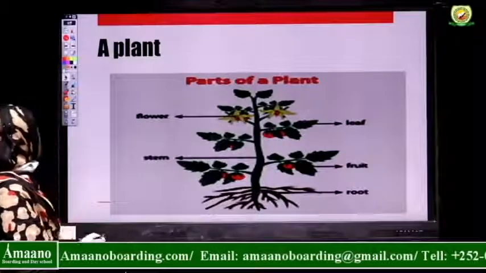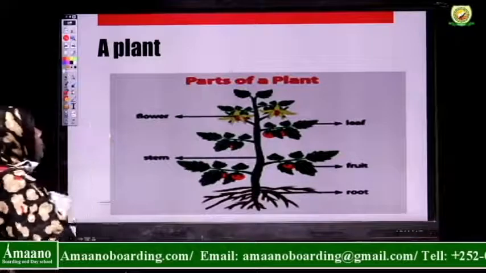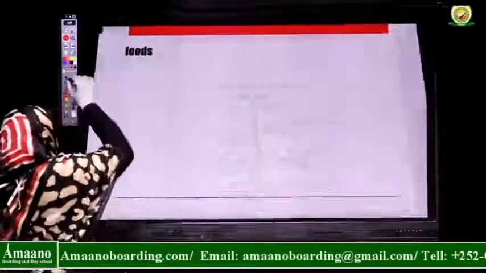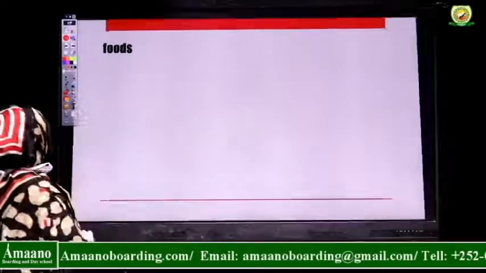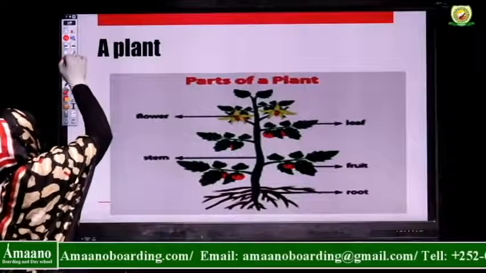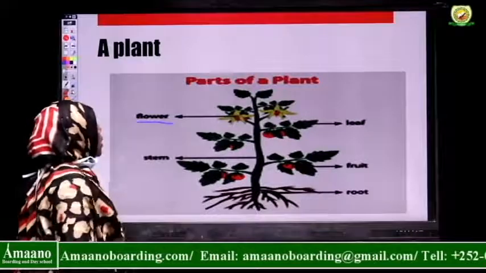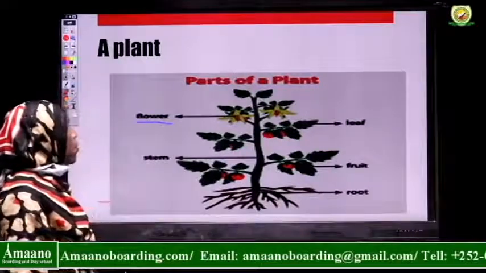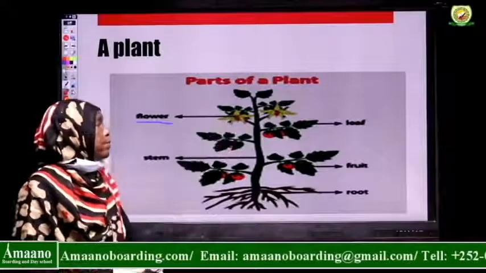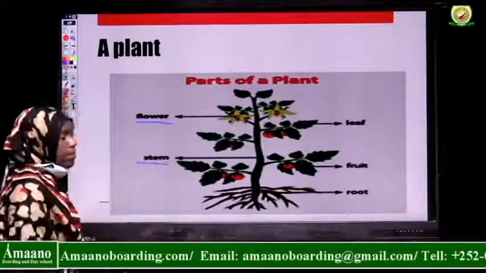This is the plant. Now, number one, we have the flower. Which part of the plant is this? Flower. Number two, we have the stem.